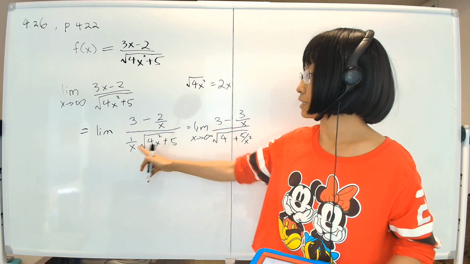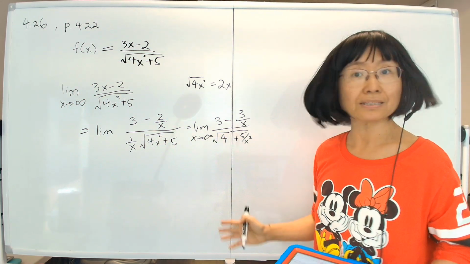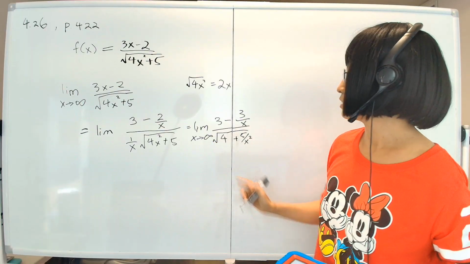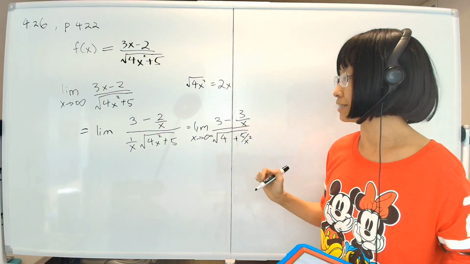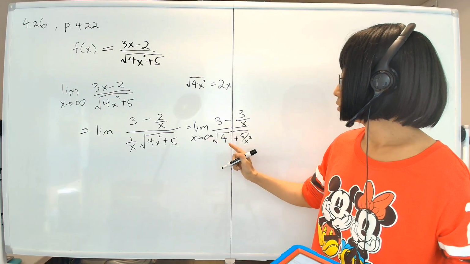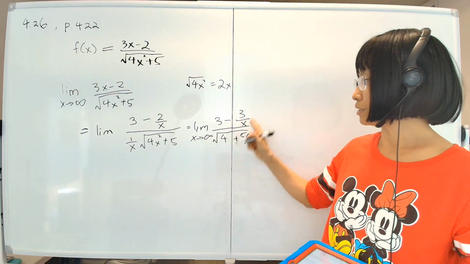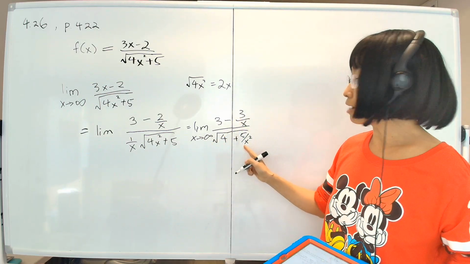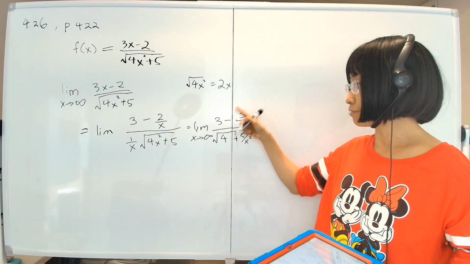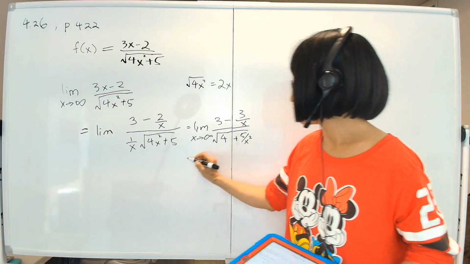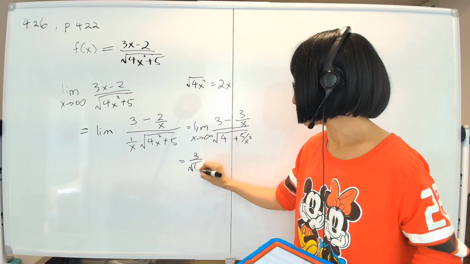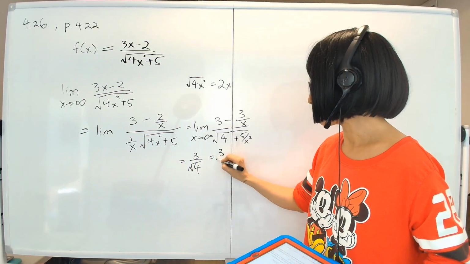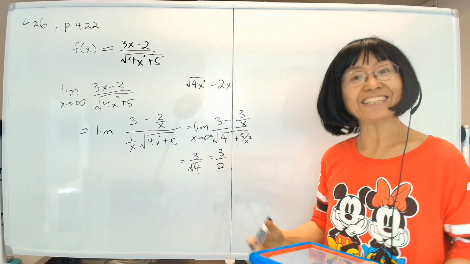Again, this goes inside smoothly because x is positive, very positive in fact, so we can just multiply in and not worry about the sign. As x approaches infinity, this goes to 0, and that also goes to 0, because x is big, fraction small. So that equals 3 over the square root of 4, which is 3/2. Okay? A quick, easy solution.